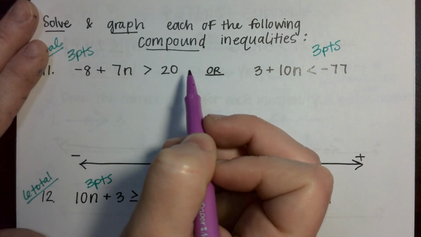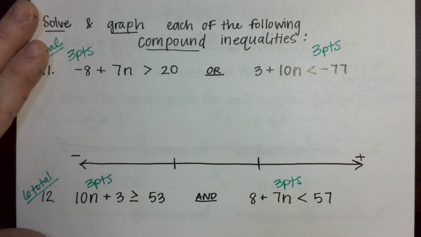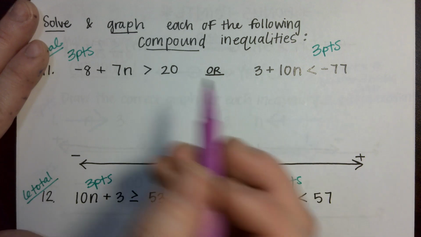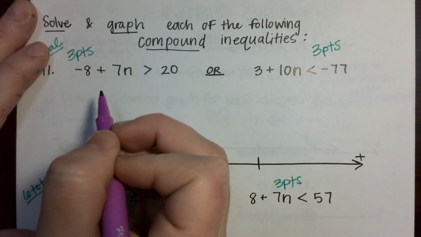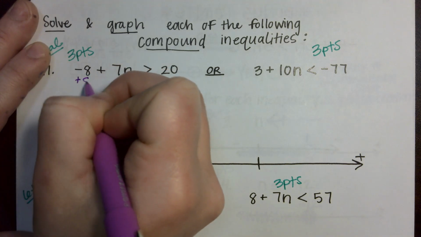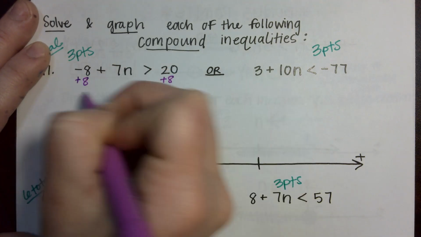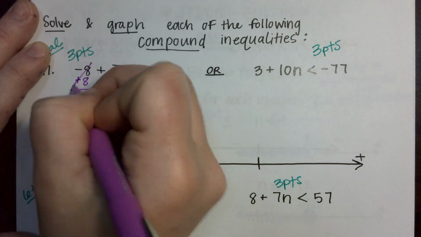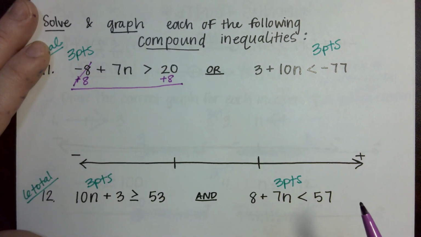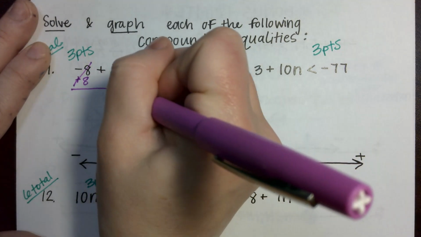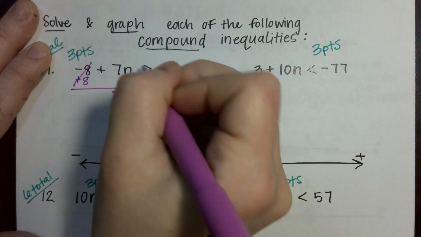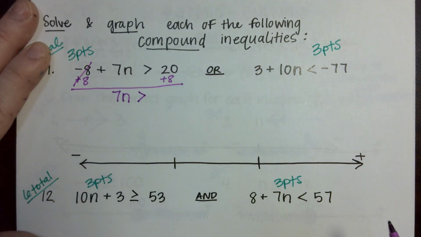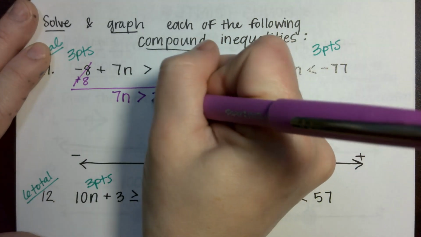Negative 8 plus 7n is greater than 20. What's my first step to solving? Plus 8. Good. My 8's will cancel. So now I'll bring 7 times n down. Is greater than 20 plus 8 is 28.